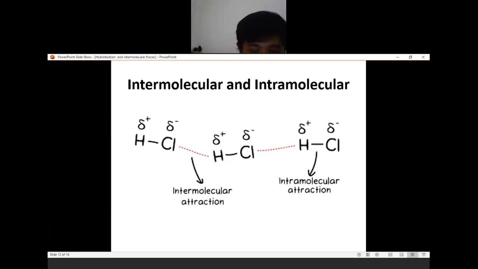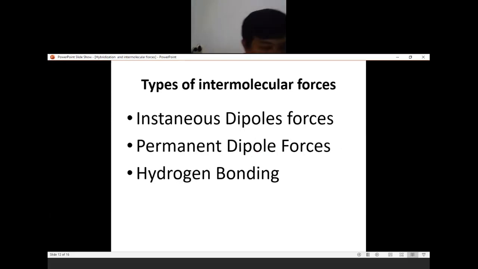While this one, the intermolecular force between an HCl molecule and another HCl molecule, is called permanent dipole. Okay. Now, types of intermolecular forces. There are three types of intermolecular forces. They are instantaneous dipole forces, permanent dipole forces, and also hydrogen bonding.